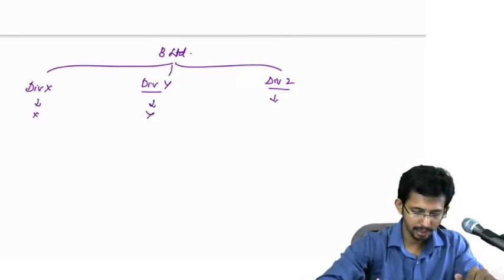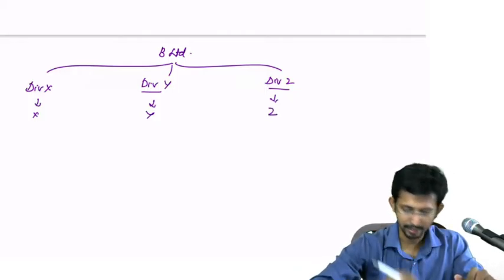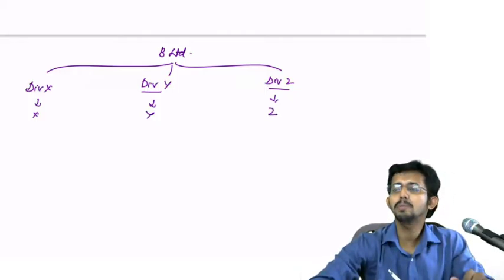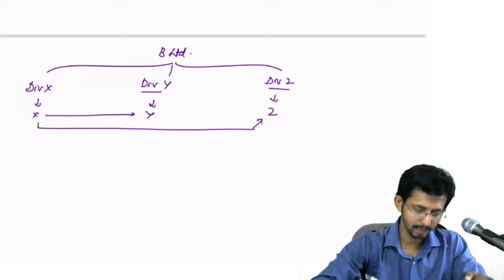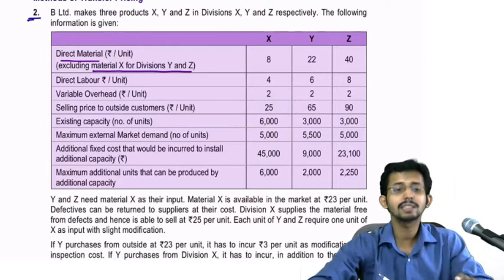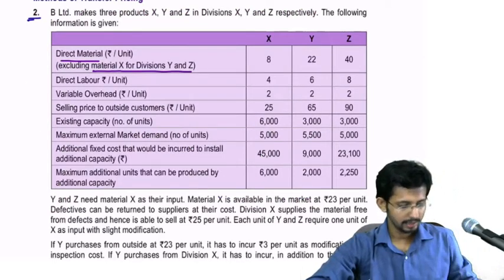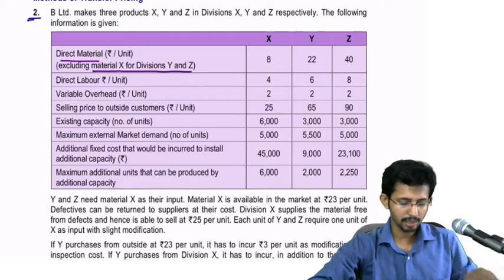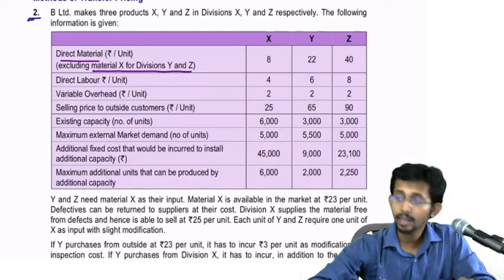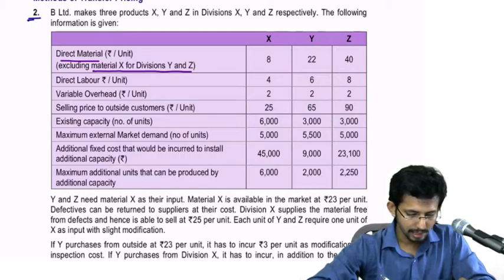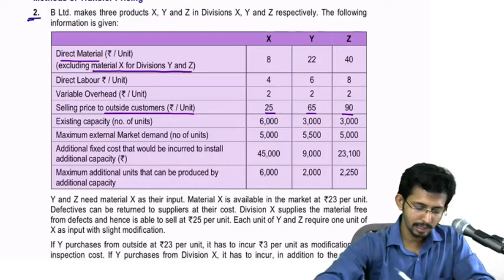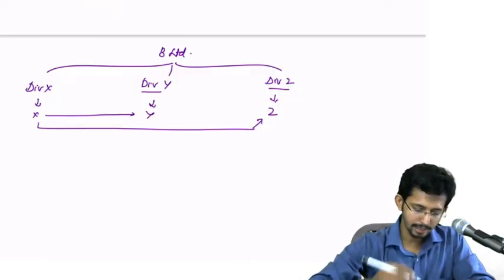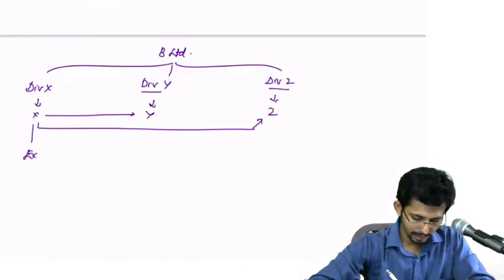X is produced by division X. So the X produced by division X is required for both division Y and division Z respectively. That is what it means. So there is an internal transfer. Okay, then going ahead, direct labor per unit is available, then variable overhead per unit is available, selling price to outside customers. Yes, so all these three products, that is X, Y and Z, can be sold in the external market.